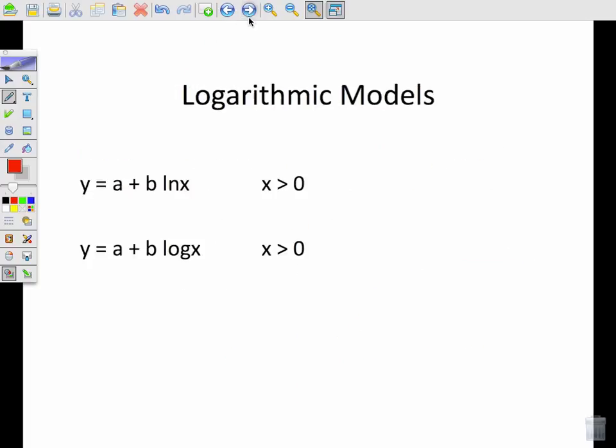The last model is the logarithmic model. And the logarithmic model is one of 2 models, so you're using the natural log, ln, or the log base 10, either one of those. A good representation of what you'll see using these models is when you do earthquake measures.